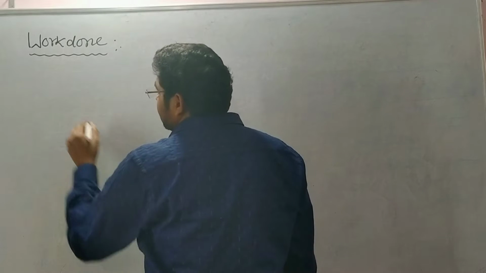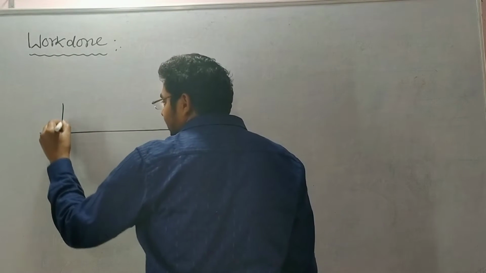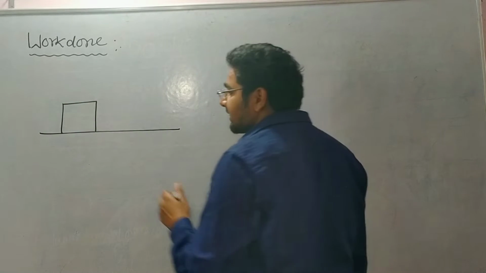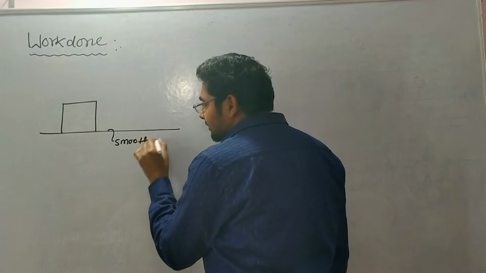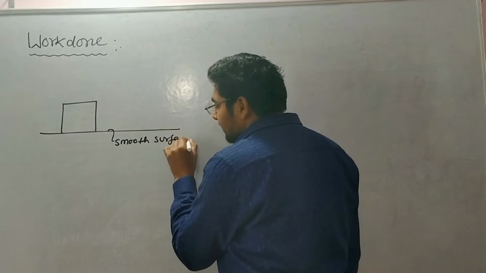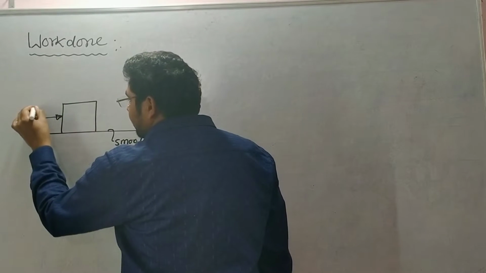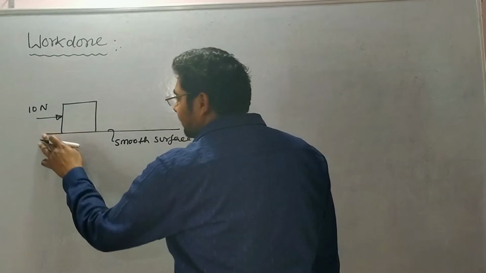So work done. Suppose let us take an example here. This is a block, and this block is kept on a smooth surface. Let's say I am applying a force of 10 Newton here. This is the magnitude I am taking just to understand the concept of work.